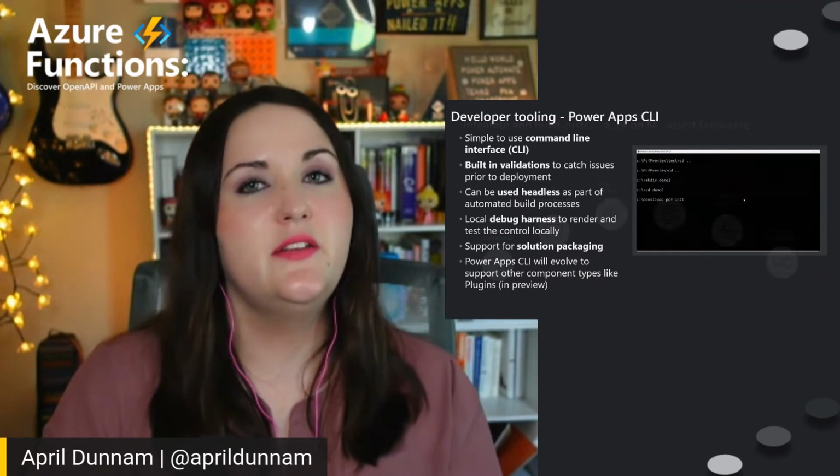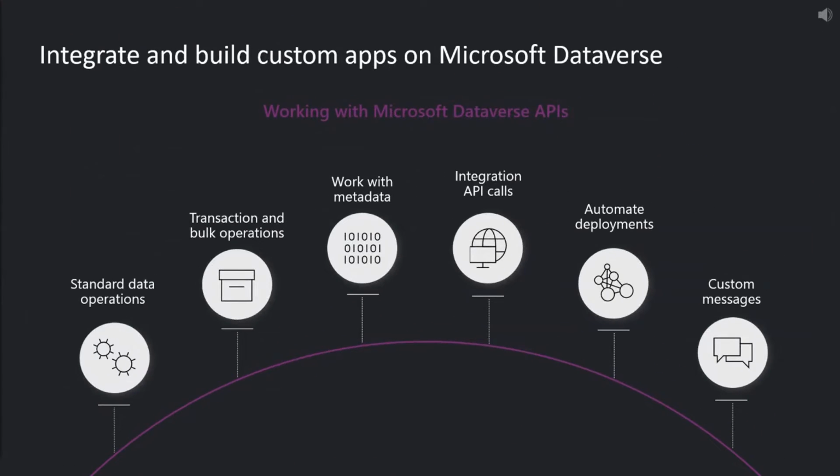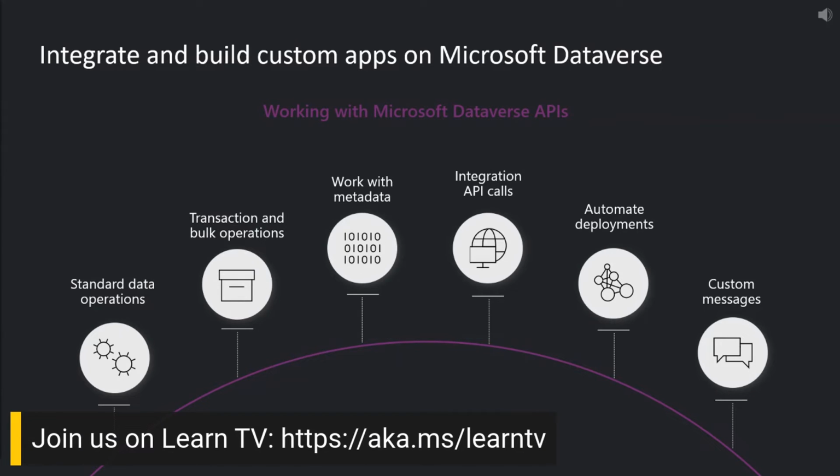And then if we take it even further and talk about Dataverse, because we briefly talked about that in the beginning, that is a database specifically for the Power Platform that we can use if we want to. If we choose to store our data inside of Dataverse, that itself has an API that we can call and work with.